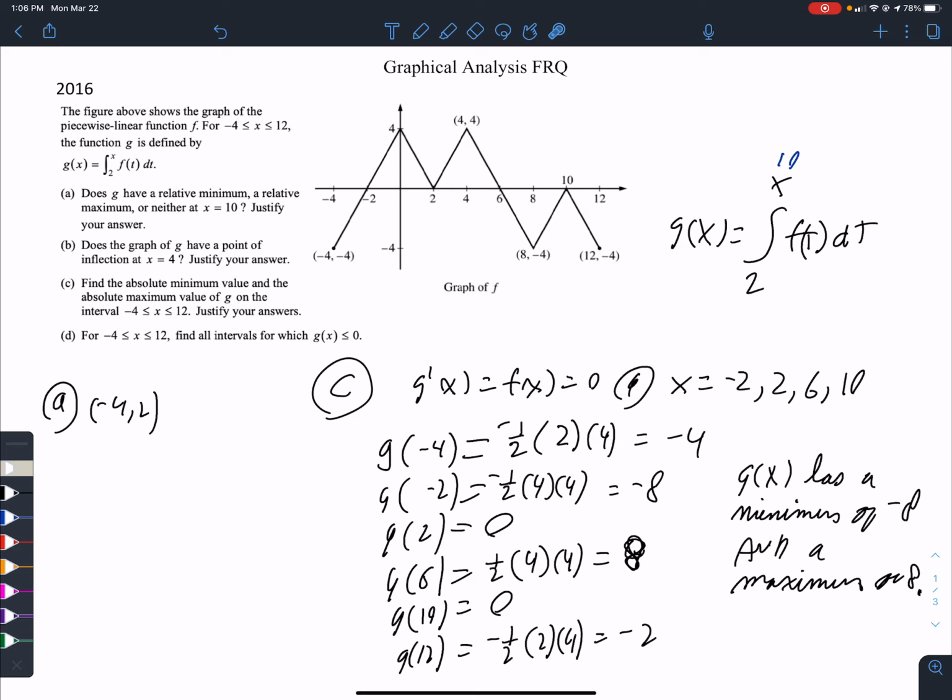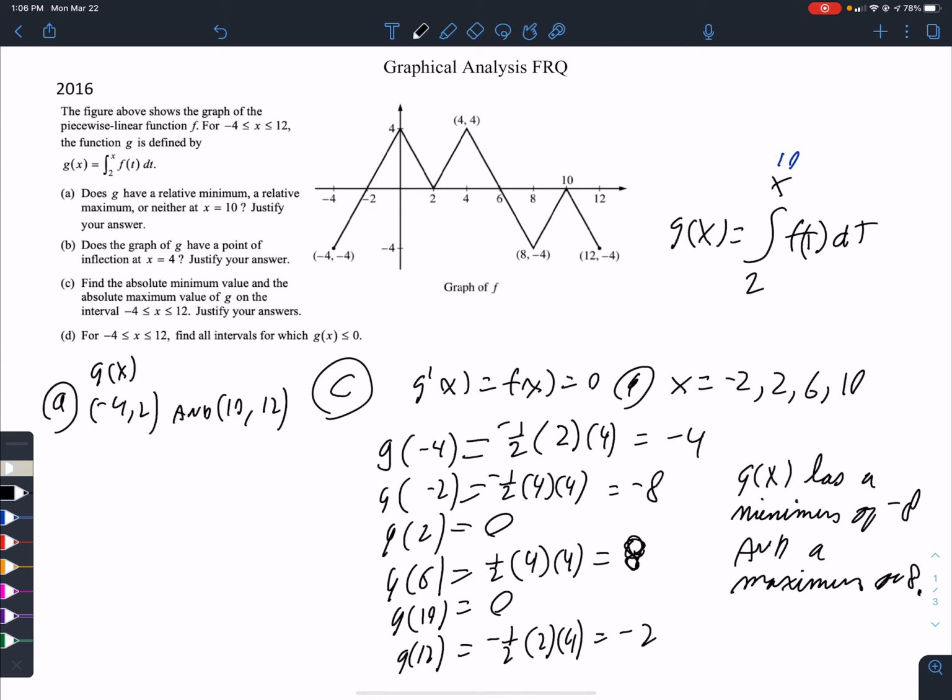Now, as we integrate to the right, you're going to add this area. It gets bigger and bigger and bigger. So you're going to get the area of this as a positive. Now you're going to start subtracting all of that. And when we get to 10, that area and that area cancel each other out. But as we go from 10 to 12, this is below the x-axis, so you start subtracting. So it's going to be negative on the interval from 10 to 12. So those are the regions.